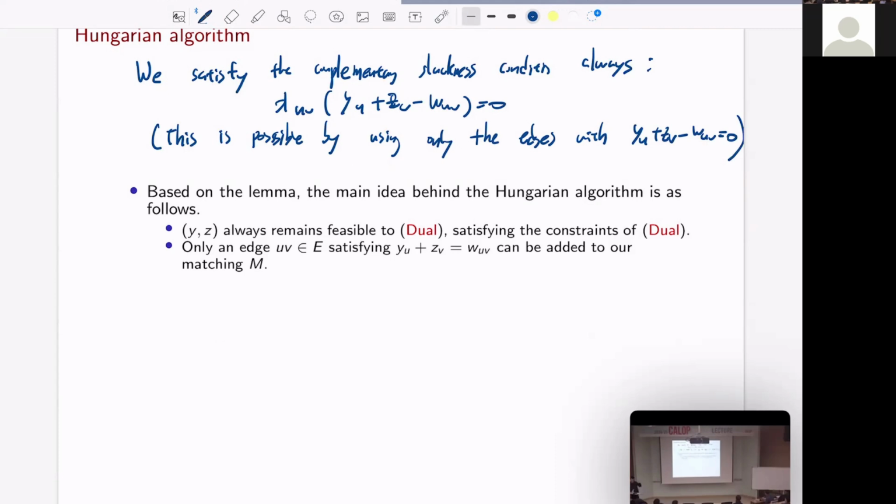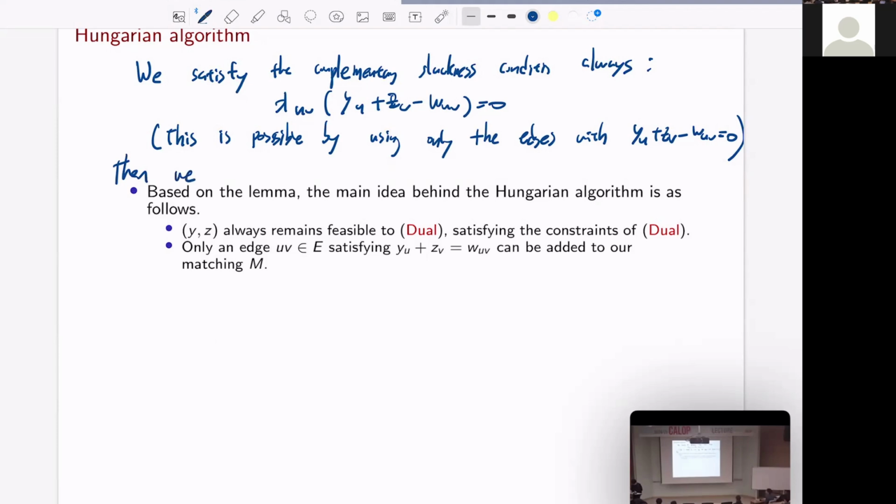If there's an edge uv where y_u plus z_v is strictly greater than w_uv, I'm not going to use it. I'm only going to use edges with equality. But it doesn't always guarantee that you find a perfect matching. So I'm going to adjust the values, and later on I want to create a perfect matching.